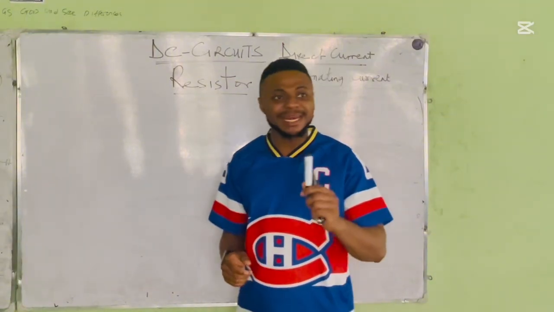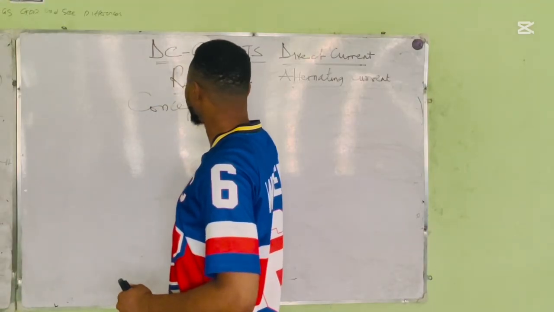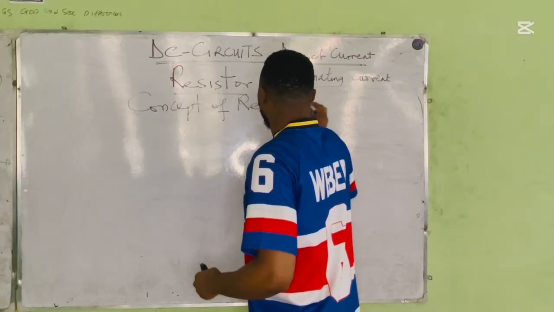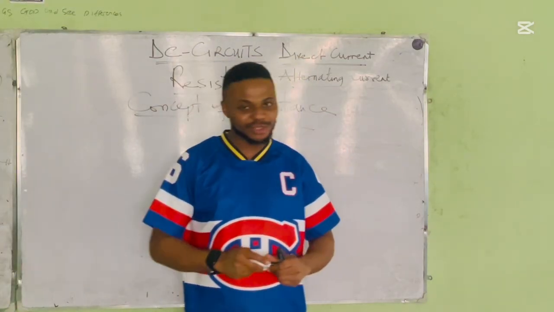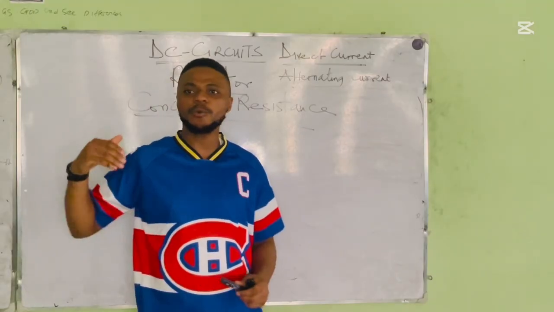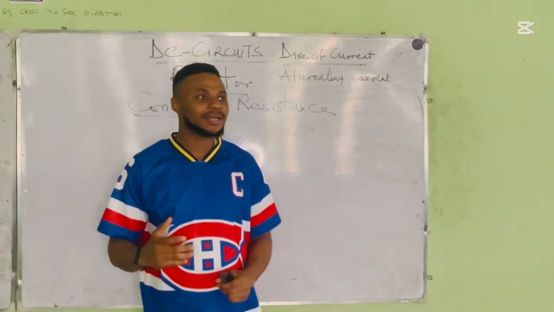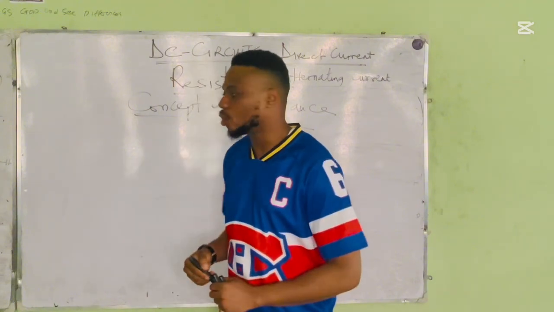Therefore, we'll be looking at the concept of resistance in this context. Alright? So, basically, when we look at resistance, the law that binds resistance in a circuit is known as what?